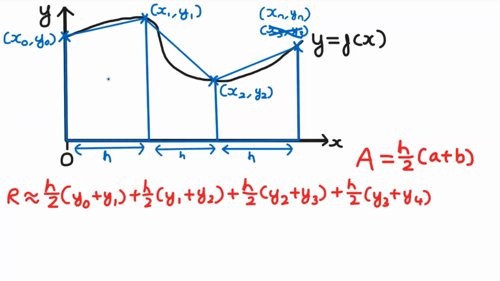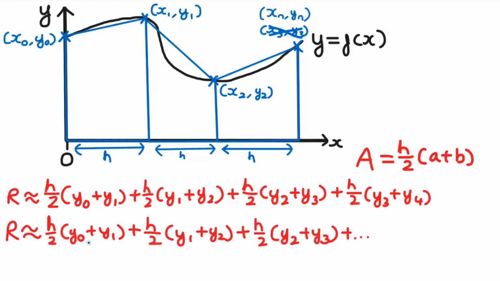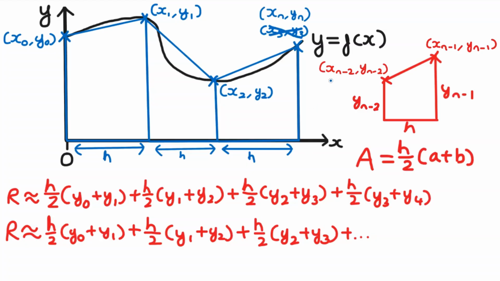So if we start with the first trapezium, it's just going to be the h over 2 y0 plus y1, then the second trapezium here, and then the third trapezium here. It's going to keep following this pattern like this up until the nth trapezium. So let's first consider the n minus 1th trapezium. Okay, so this is going to look like this here, where this point here is going to be xn minus 2, yn minus 2, and this point here is going to be xn minus 1, yn minus 1.